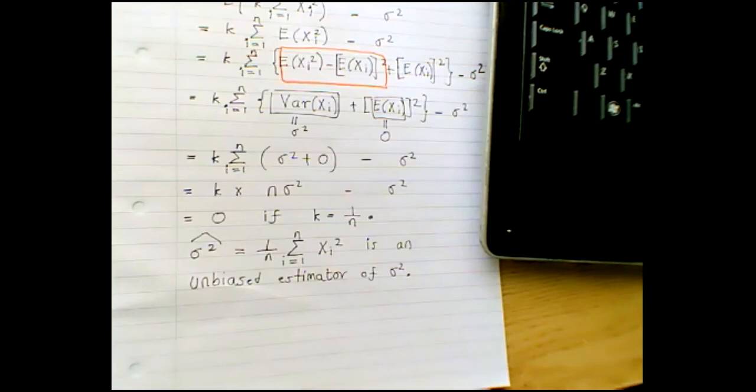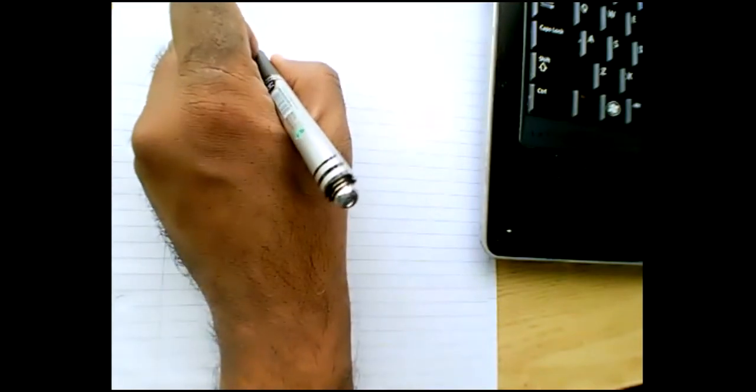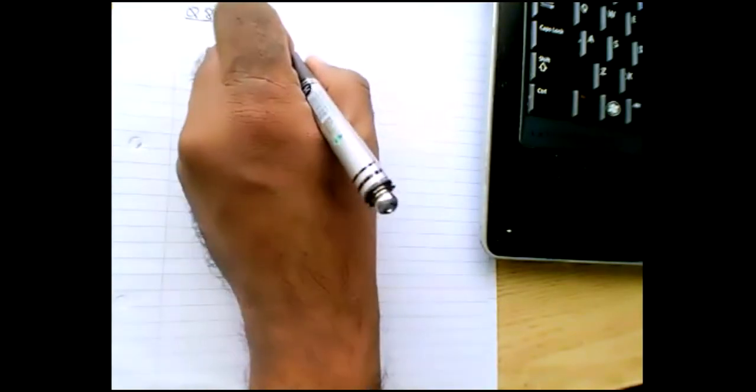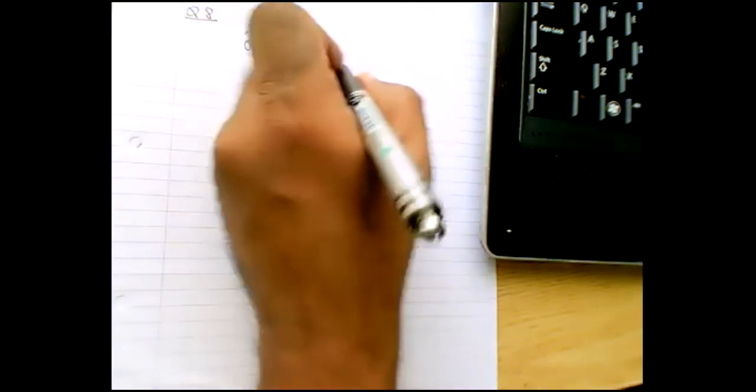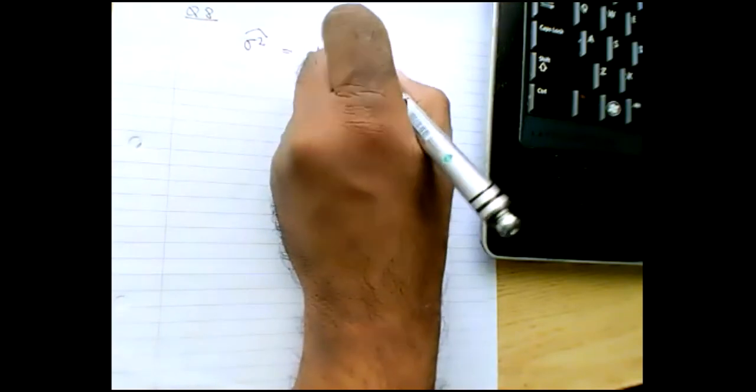Yeah, thank you. All right, now to do part 2 of question 8. All right, we have this estimator. Let me write it down one more time. We have this estimator 1 over n times the sum of xi squared, right?